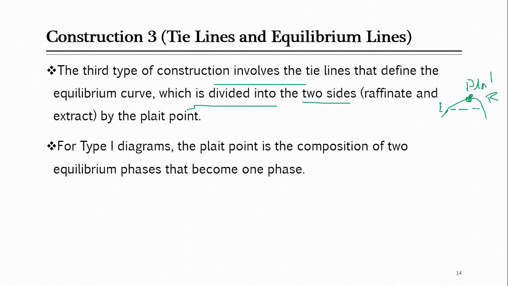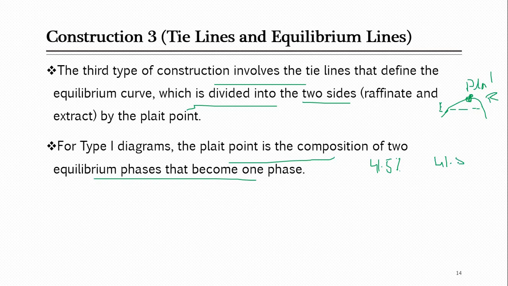For a diagram of type 1 system, the plait point is the composition of two equilibrium phases that become one phase. What does this mean? If you remember the one stage system from last week, there was one tie line for which data was given, and that was 41.5% ethanol in both solvents. I think that was table 3 or something.